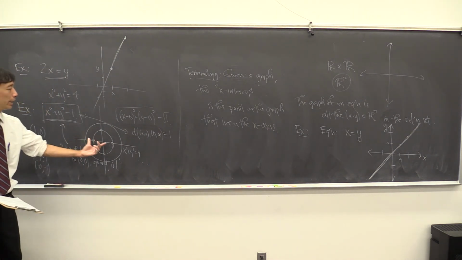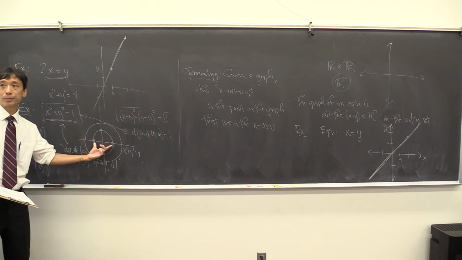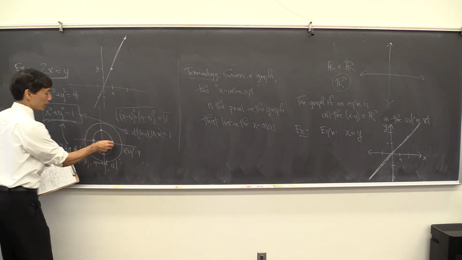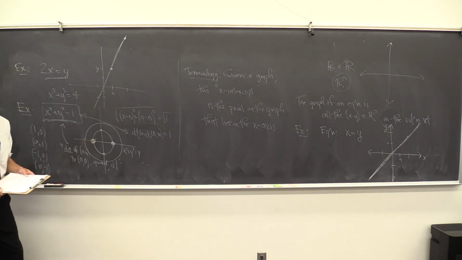Okay, so like here, this graph of the circle has 2 x-intercepts, right? This would be an x-intercept here, and this would be an x-intercept.